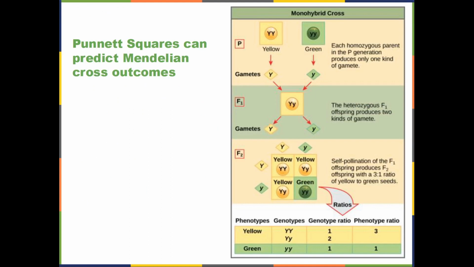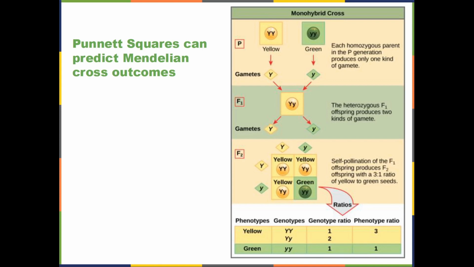All right, so we hinted at this already. Punnett squares can predict Mendelian cross outcomes. So we're looking at this yellow. These are P colors, the actual color of the offspring seeds. Yellow is dominant to green.